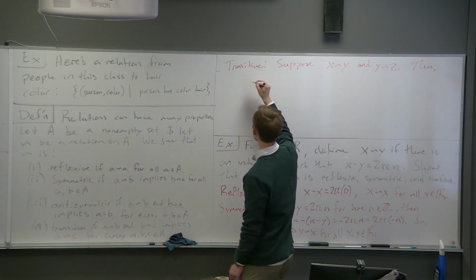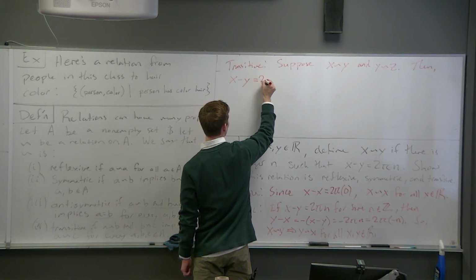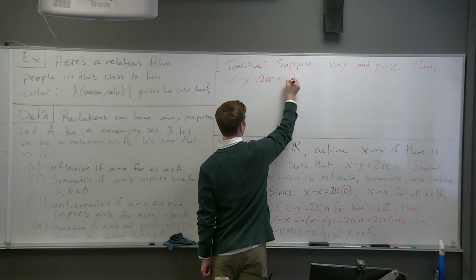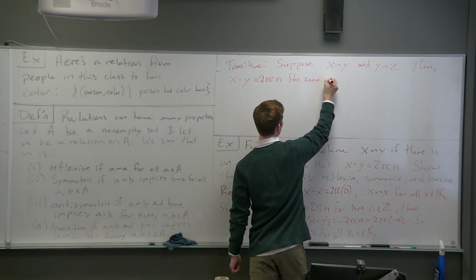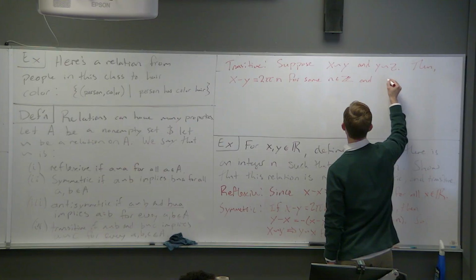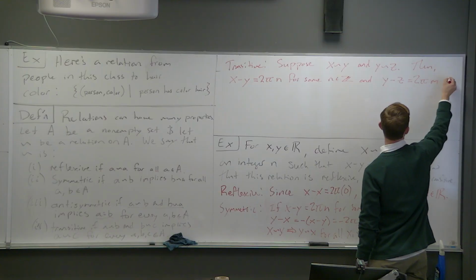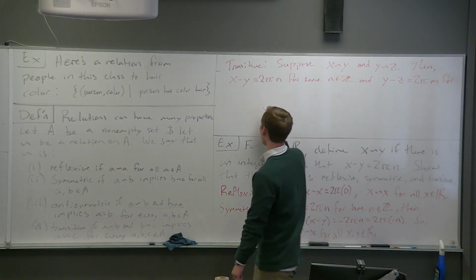Then x minus y would be equal to 2 pi n for some n in the integers, and y minus z is equal to 2 pi m for some m in the integers.